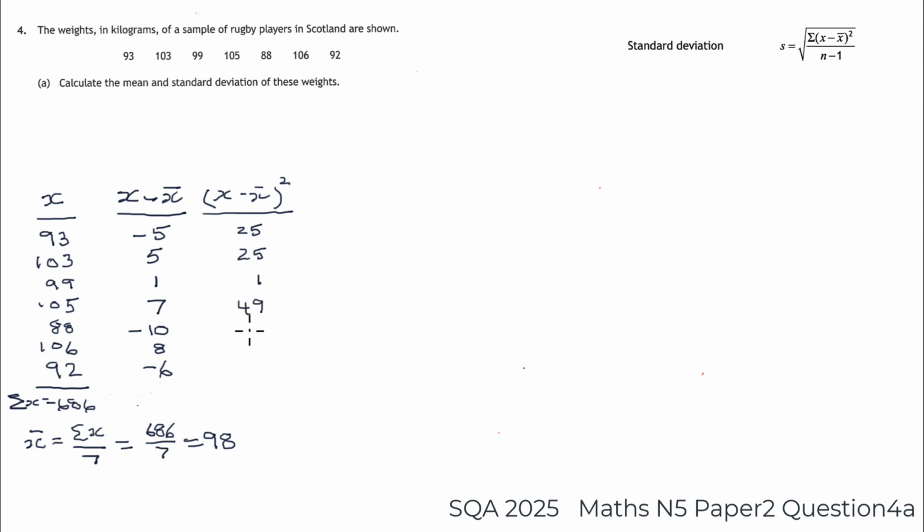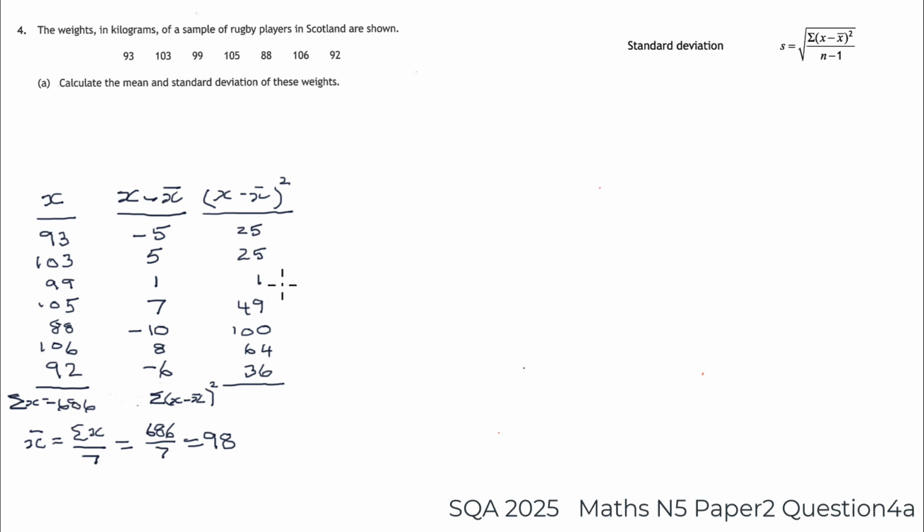Negative 10 times negative 10 is 100. 8 squared is 64. Negative 6 squared is 36. These should all be positive numbers. And the formula tells us we have to add these up. So the total of all the squares of the deviations of these numbers from their mean.